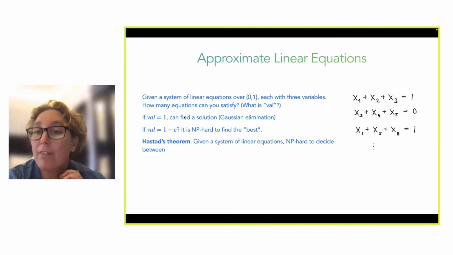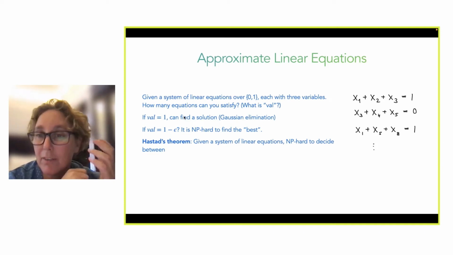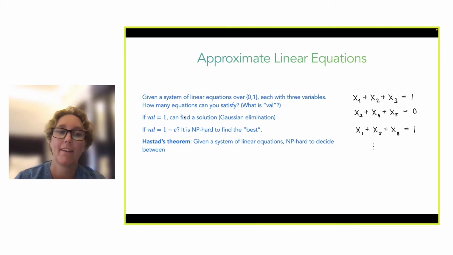So, suppose you're given a system and you are promised that there is an assignment that satisfies a 0.999 fraction of the equations. Can you find an assignment that satisfies slightly less, 98%, 95%, 90%?